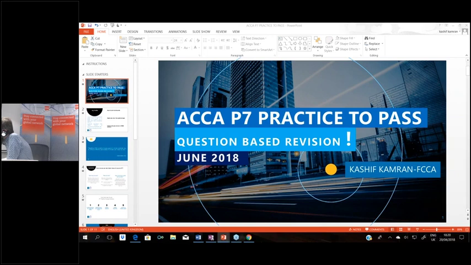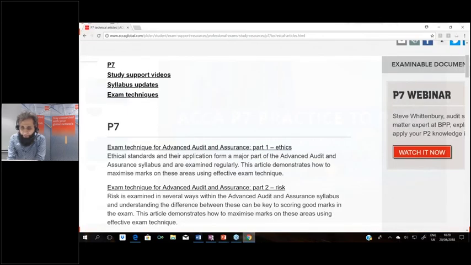Okay, then which articles should we read for the June attempt? That is another question. Let me take you to this ACCA website. If you can see this ACCA website where you have the P7 resources on your screens, there are three very important articles which I would recommend all of you to read for your exams in June 18.